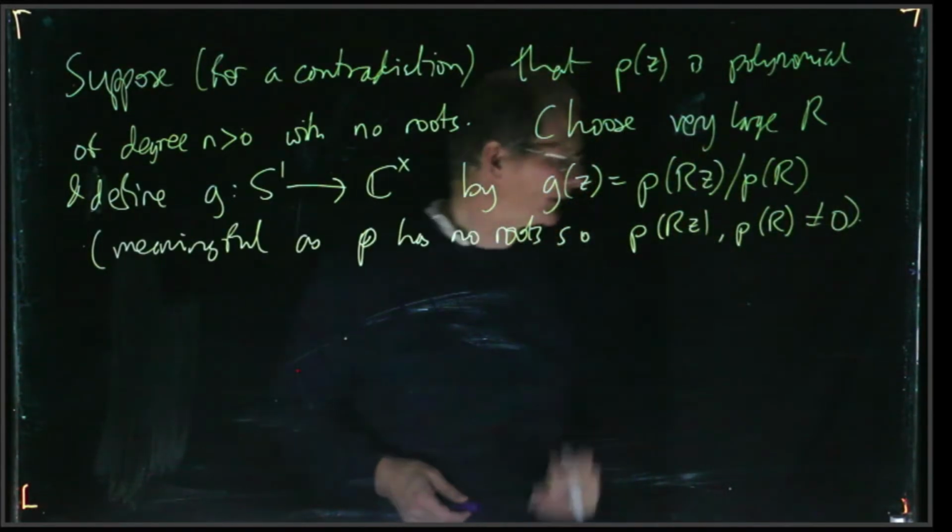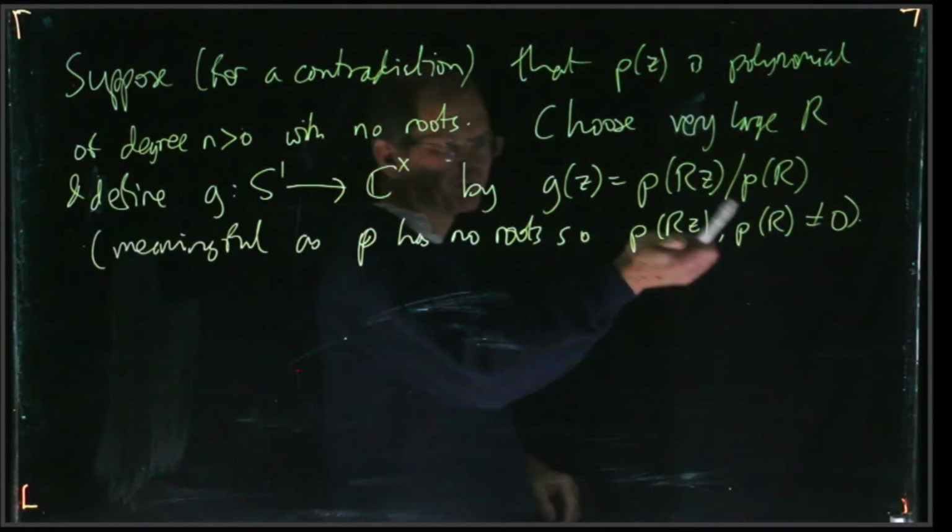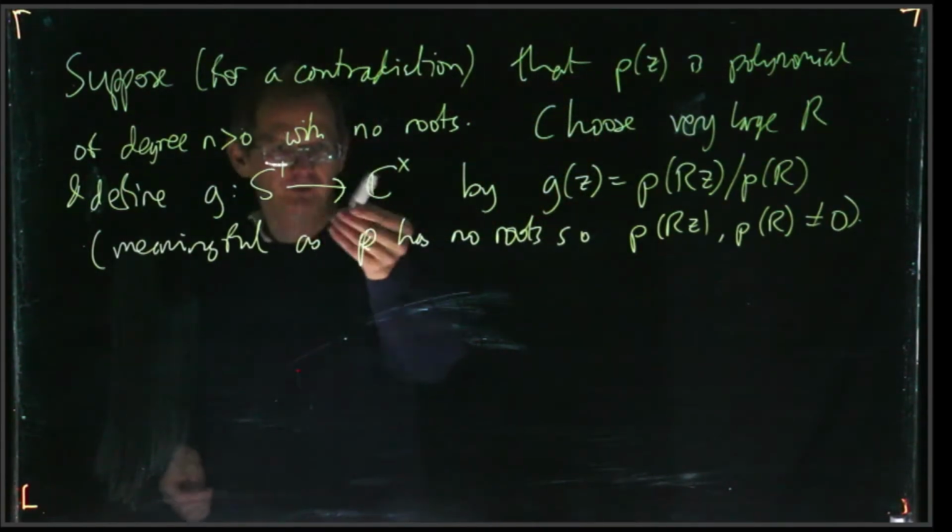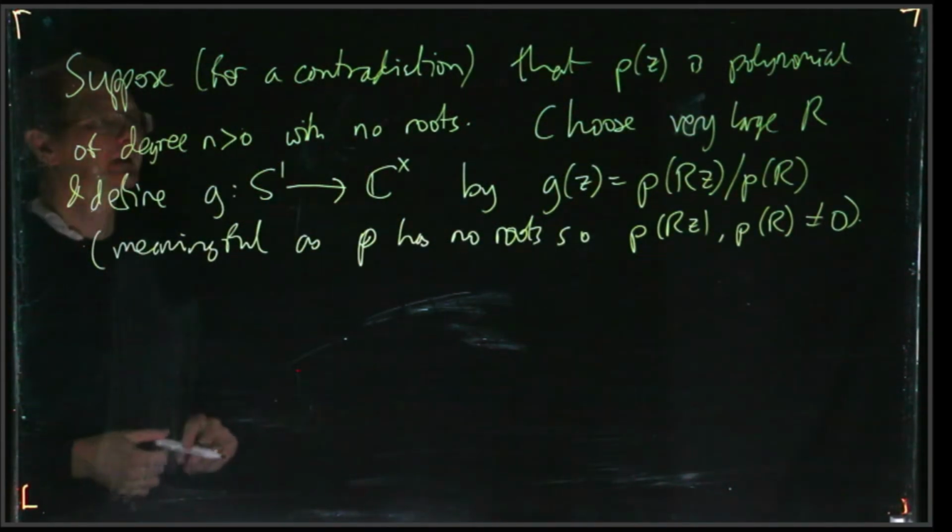So both P(R) and P(Rz) are non-zero, so it's meaningful to divide, and the answer is non-zero, so this is a genuine map into the non-zero complex numbers.